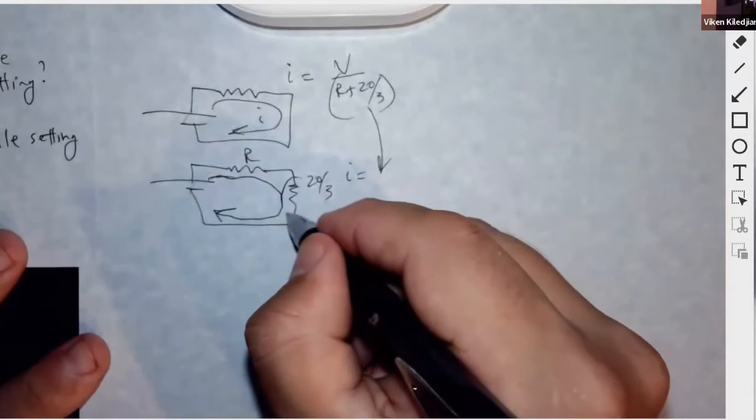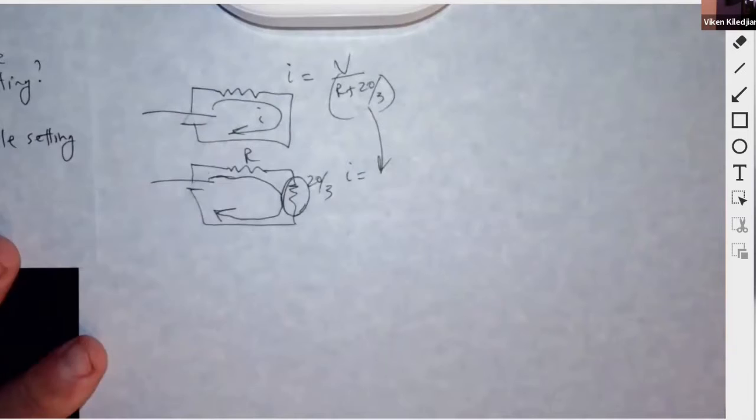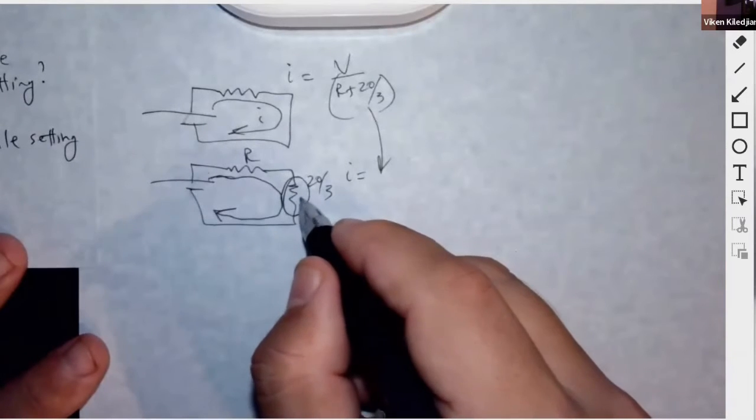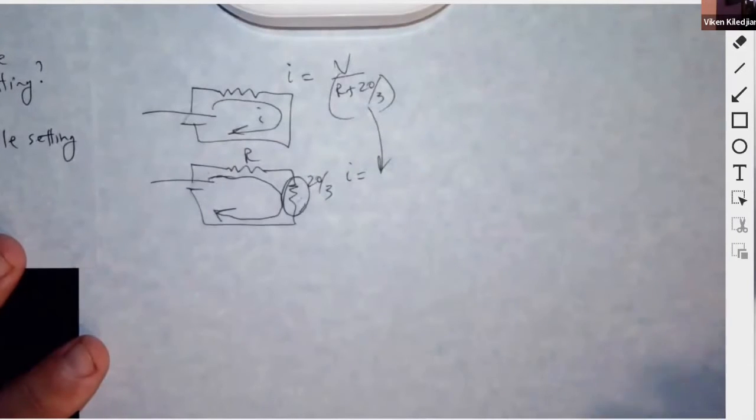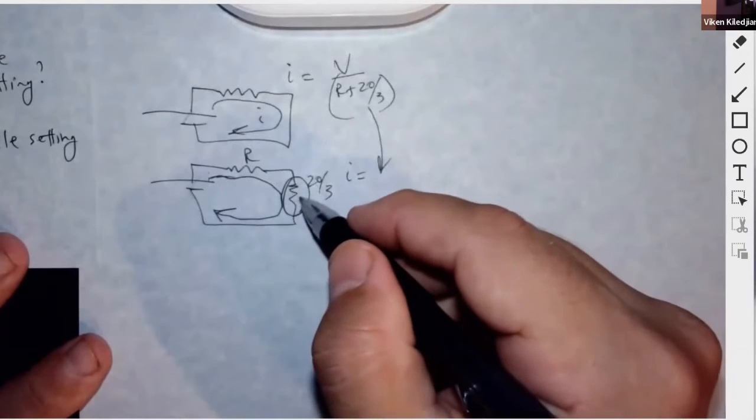Then what's the power lost just in that portion? If I know the current going through that, and I know its resistance is 20/3, that's all I need. So I don't really need to calculate the voltage of this.